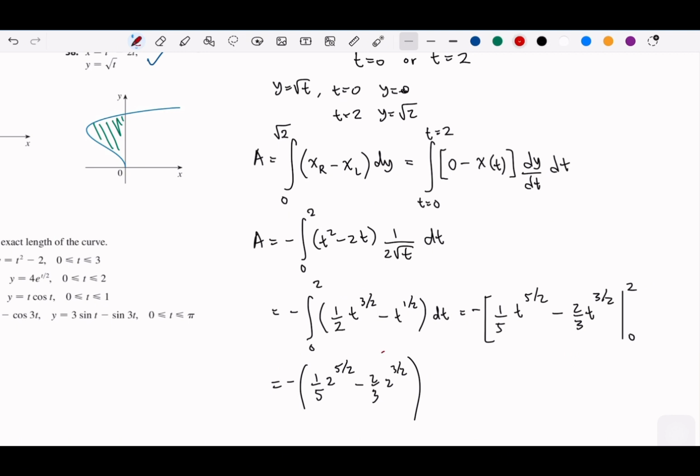This is 2 square root of 2. This is 4 square root of 2, right? So I could take out square root of 2. Or just 2 square root of 2. And this will be 4 over 5. Minus 4 over 3. Okay, I think I will just stop here.